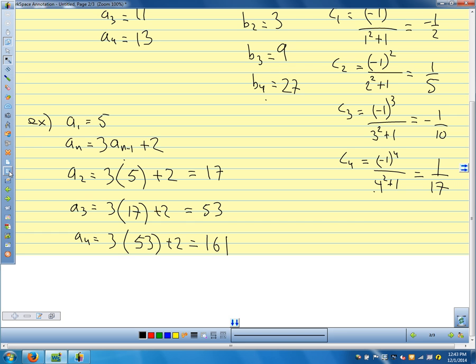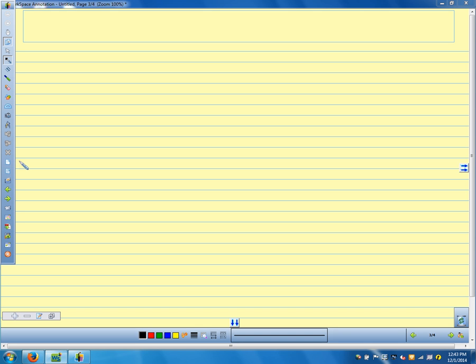All right, a lot of sequences involve factorials. Do you remember what a factorial is? n factorial is how we write it, with an exclamation point. How do we find a factorial? Multiply, right?